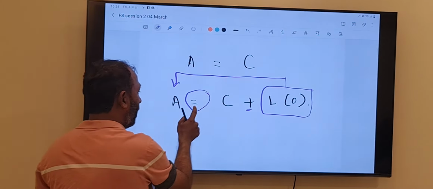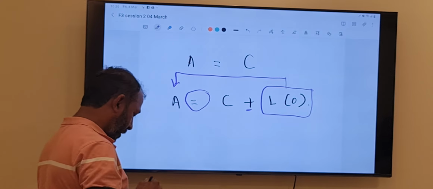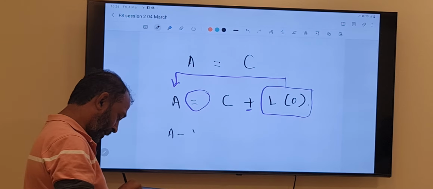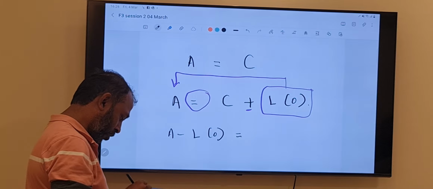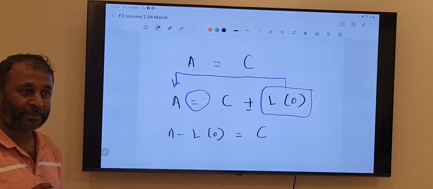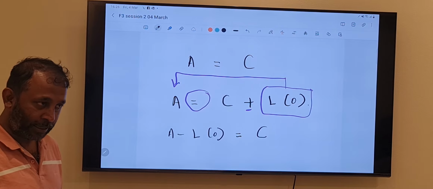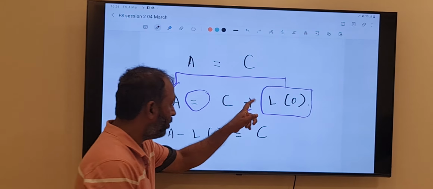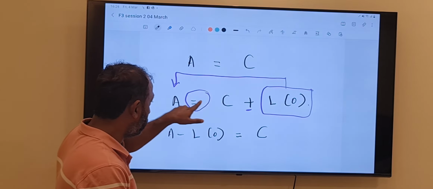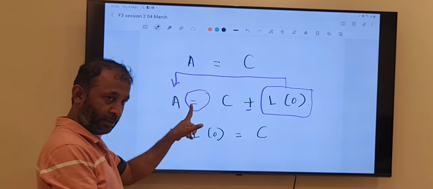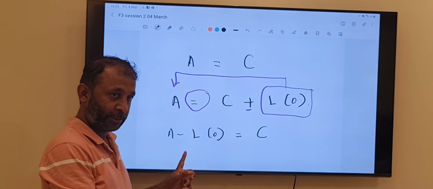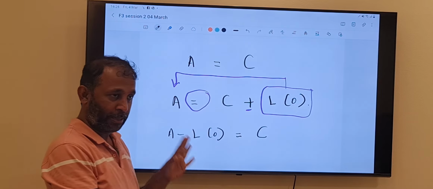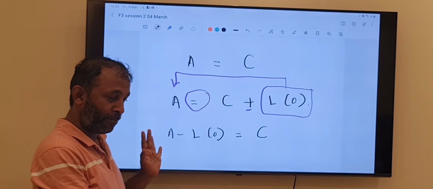So when I bring it to the other side of the equation, that becomes what? Asset minus liability of 0 is equal to capital. Understand? That's very clear. This is a basic mathematics rule. If you have plus here, and you bring it to the other side of the equation, that plus will become minus. If you have minus and bring it to the other side, it will become plus. That basic principle you must know.